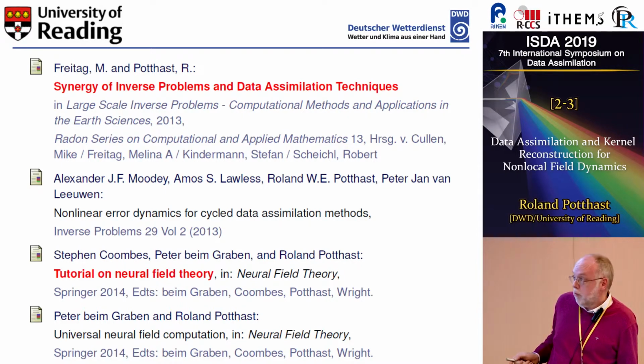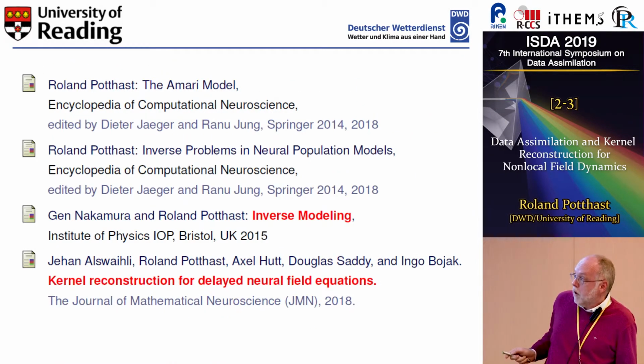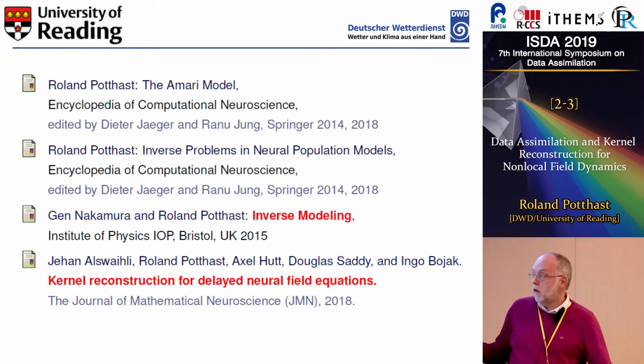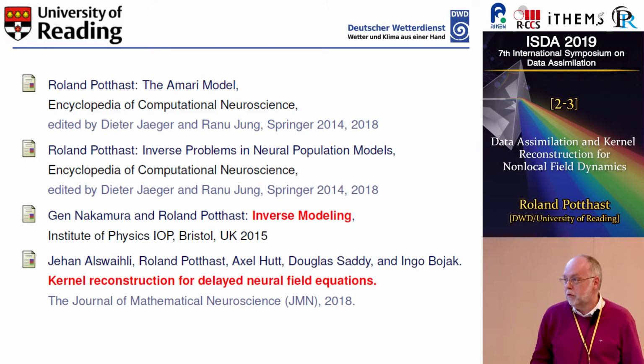On neurofield theory, there's a Springer book. And in inverse modeling, we try to put data assimilation and inversion into some resonance. And here's a recent paper on the kernel reconstruction for delayed neurofields, and there are 2 papers to come, hopefully soon, on the convergence of these methods.